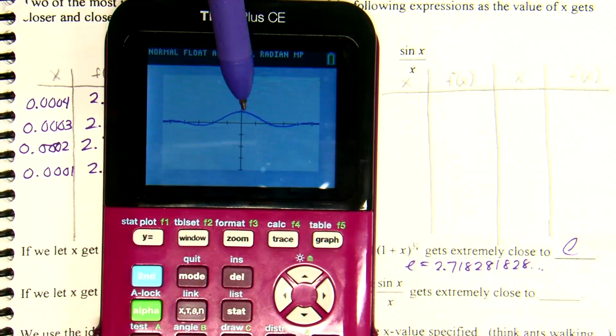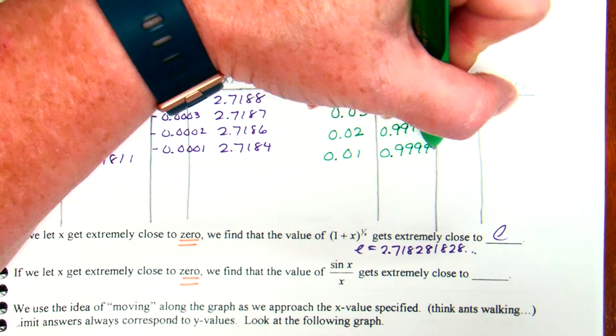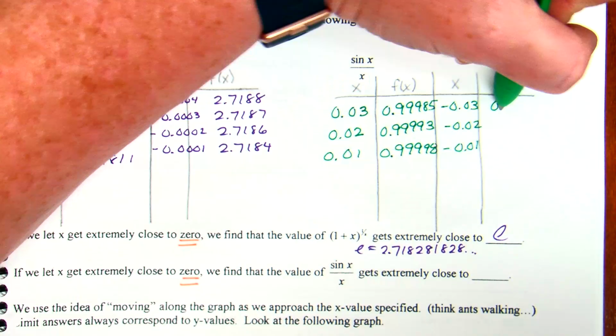And this one, I'm just going to use the ones we had. 0.03 is the first one I'll randomly start with: 0.99985. 0.02: 0.99993, I think that says. 0.01: I think it's four 9s and an 8. And when we looked at the negatives, I think they're the same, aren't they? Yeah. Negative 0.03, negative 0.02, and negative 0.01 are the same as the others you had.